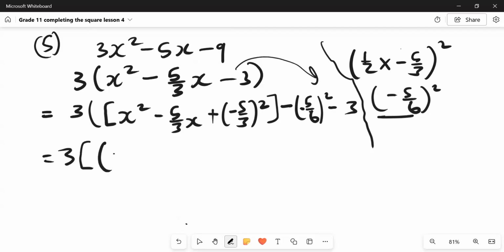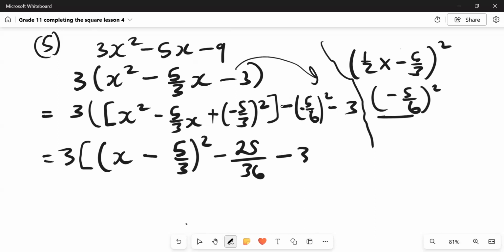So the square root of x squared, that's x, drop down the negative sign there, square root of negative 5 over 3 squared, then that's just 5 over 3 all, and then there's squared there. And then you simplify this value here alone, and you will get your negative 25 over 36 minus 3. Close your bracket there.